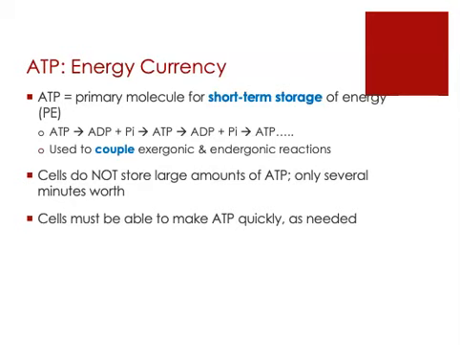And I wrote PE on your slide here to remind us that when we build a covalent bond, we are storing energy in that bond. Because there's a pair of electrons in there, and because electrons are the conduits of energy, by building a covalent bond, we have stored some energy, and we call that potential energy. Energy that's stored in a bond is potential. It's potentially available to the cell at a later time.